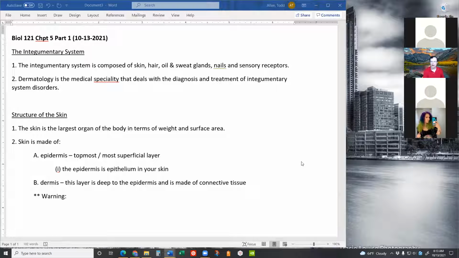Do you see the paragraph in your textbook near the pictures of figure 5.1 C and E that start with the words deep to the dermis? Do you see that?